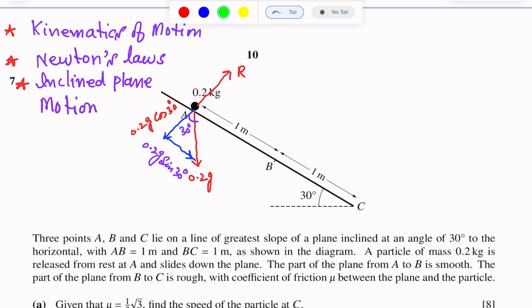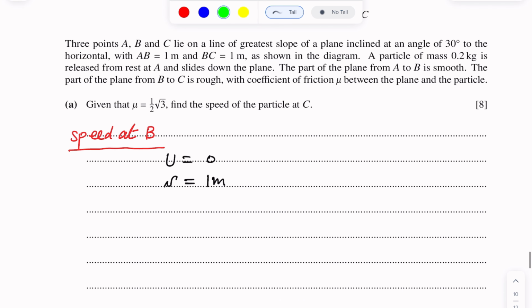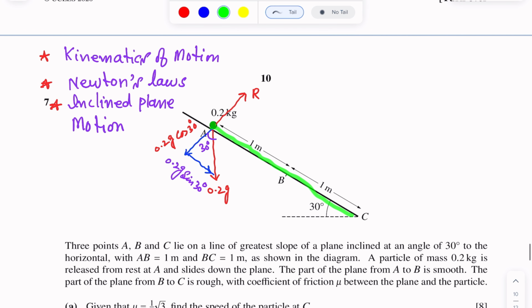Now this component is the force with which this particle moves along the plane. This is the force 0.2 g sine 30, the component of weight acting on this particle with which it moves along the plane downward. This is the only force with which the particle comes down along the plane.